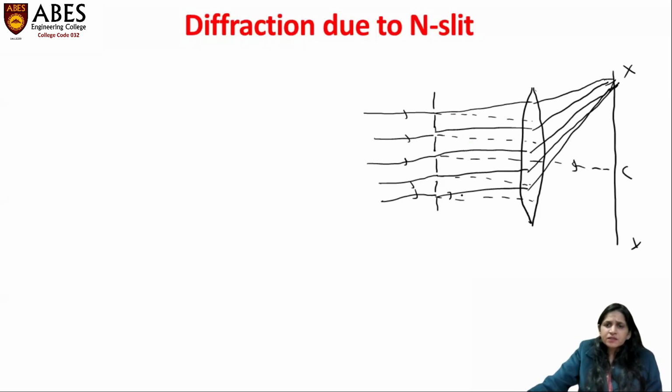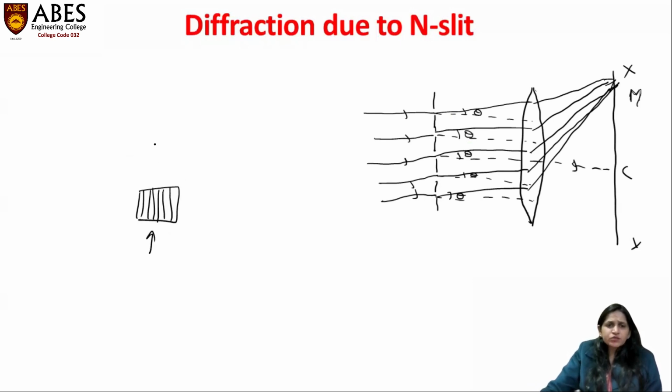So this is angle theta, this is also angle theta from the slit. To calculate the path difference, suppose this is M, a maxima is forming. As we discussed, it is an N slit grating, suppose 15,000 lines, and white light is incident.